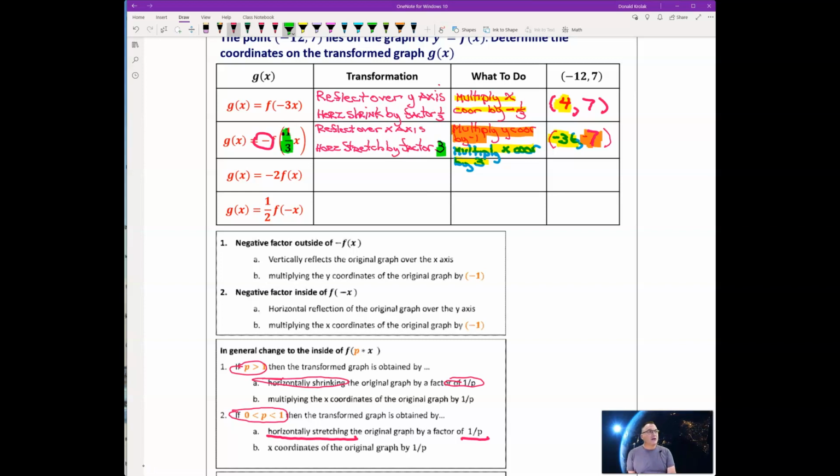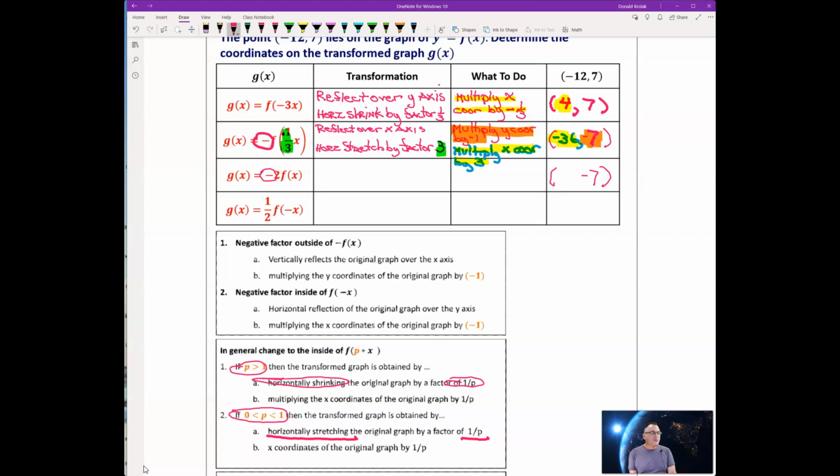All right, our next one, the negative is on the outside. Okay, so that's going to do the same thing as we did right here. We're going to reflect over the x-axis. We're going to do that by multiplying the y-coordinate by negative 1. So this is going to be negative 7.